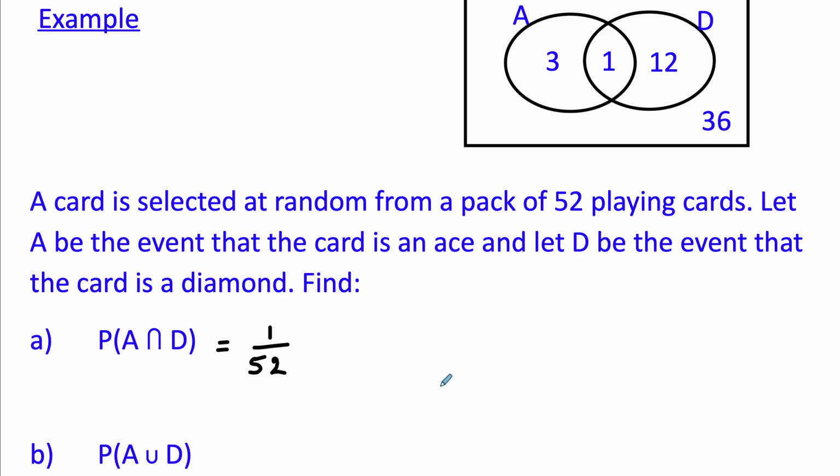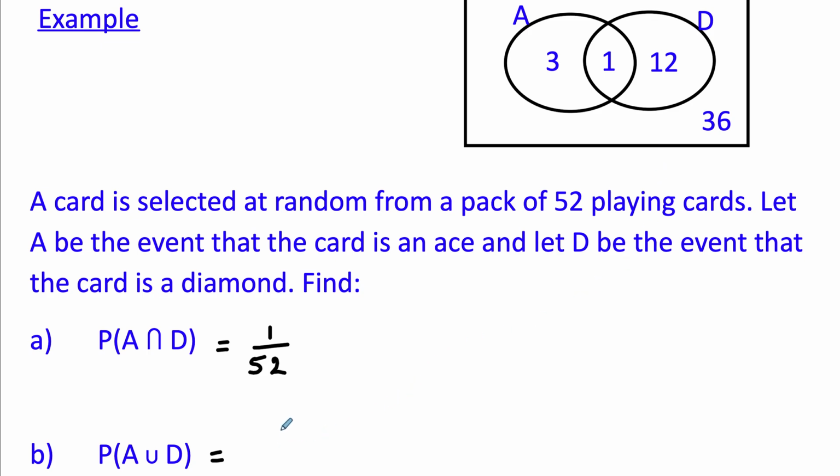For part B, it's A or D. Now in this case, the events are not independent. Choosing an ace will impact on the next card being a diamond and so on. So we can't just add the probability of it being an ace and the probability of it being a diamond because they are not mutually exclusive. So what we're going to do is look at these three numbers and add these three numbers together.